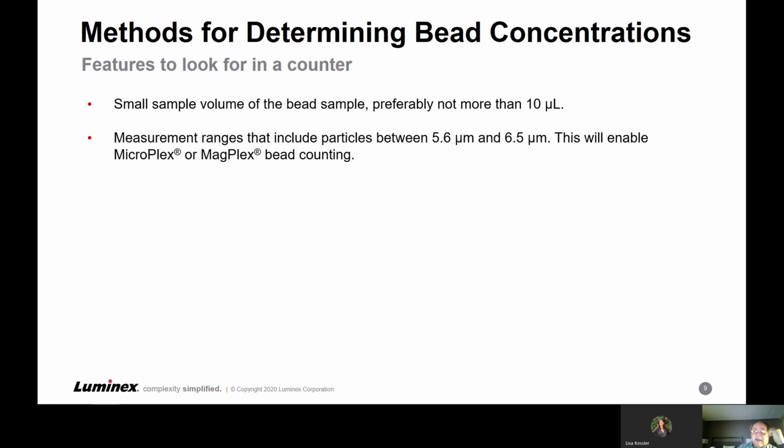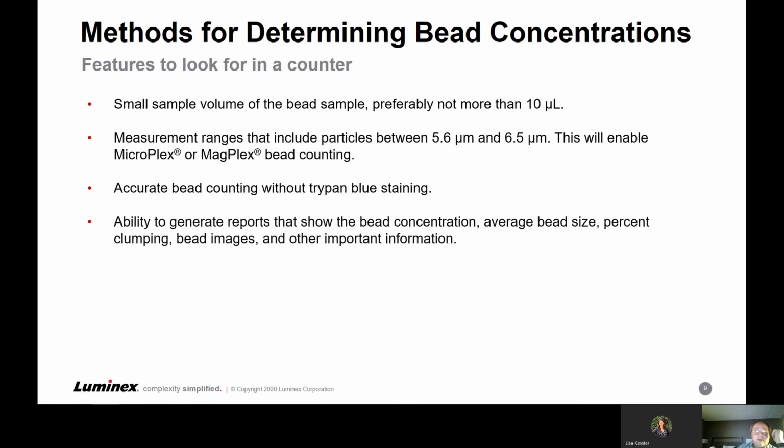This will enable you to count accurately either MicroPlex or MagPlex beads if you're using either of these in your assays. You also want to make sure that the counter can give you accurate counting in the absence of trypan blue. There are some counters that default to a trypan blue compensation, and if you cannot turn that off, it will give you incorrect cell counts, or bead counts in this case.